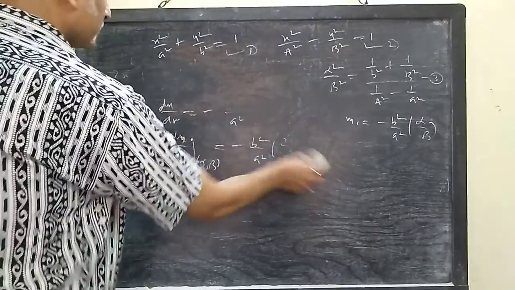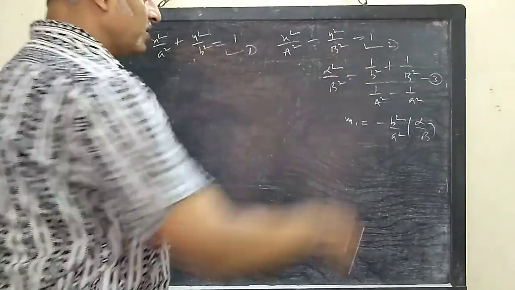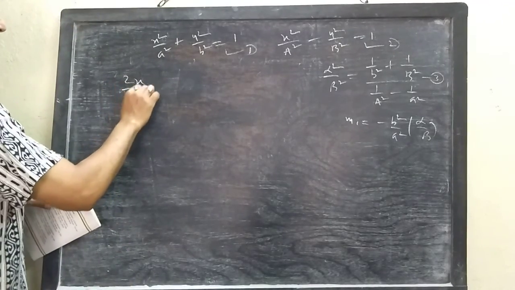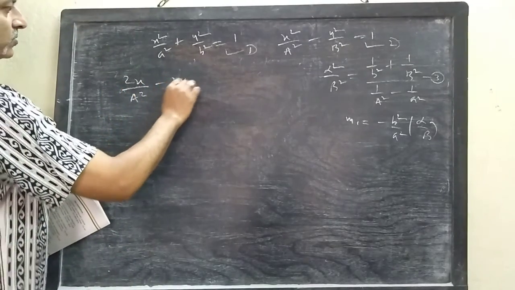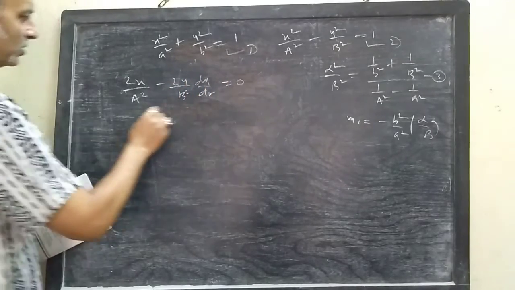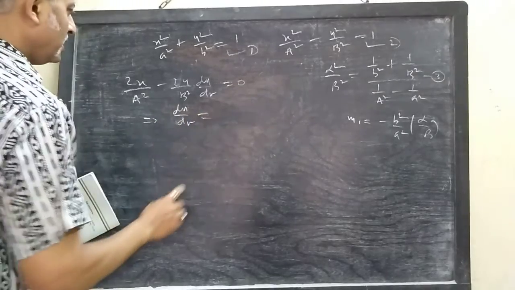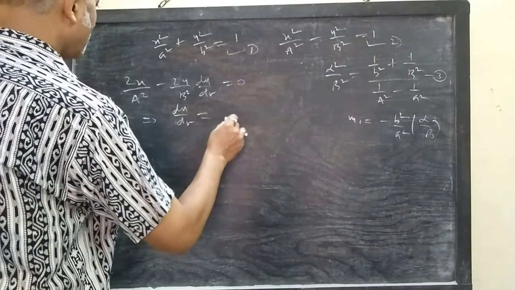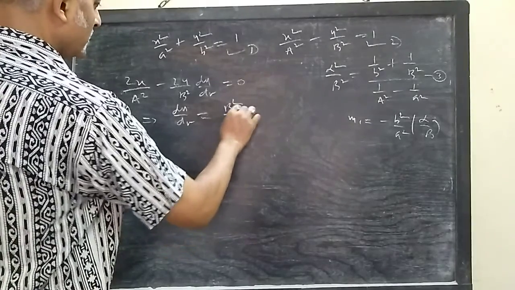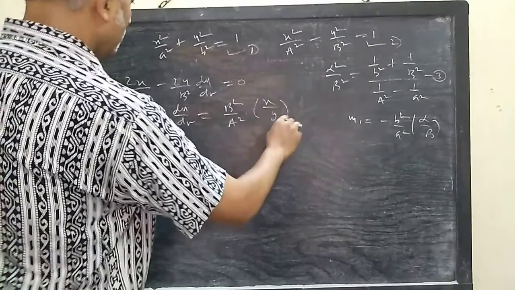Next, differentiating both sides of 2 with respect to x, we get 2x by capital A square minus 2y by capital B square into dy/dx equals 0. So you get dy/dx equals, this will be plus, capital B square by capital A square into x by y.